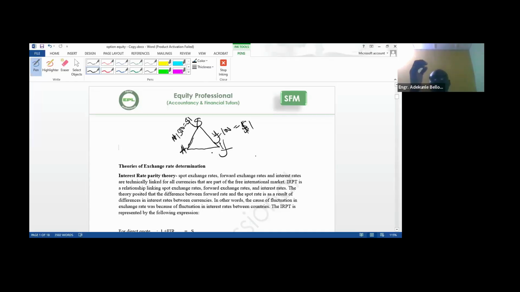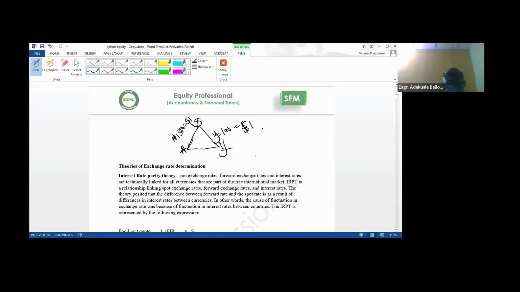We said cross rates is the exchange rate between two currencies, say naira and yen, based upon the explicit relationship with the third currency, dollar.